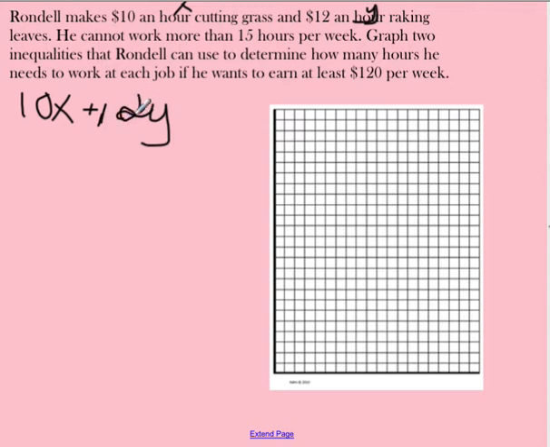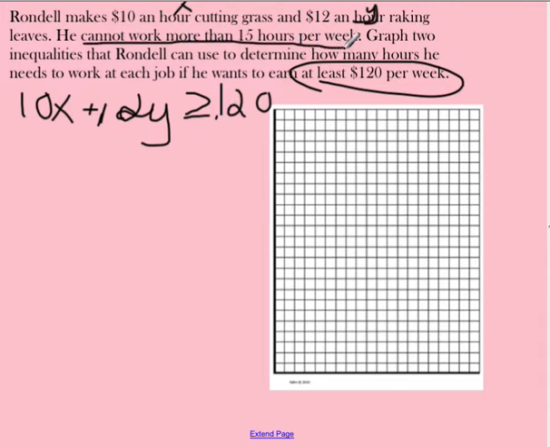All right, it says here that he wants to earn at least $120 per week. So whatever he makes, we want it to be more than or equal to $120. Then it says he cannot work more than 15 hours per week. So the hours he spends raking and the hours he spends cutting grass need to be less than or equal to 15 hours.